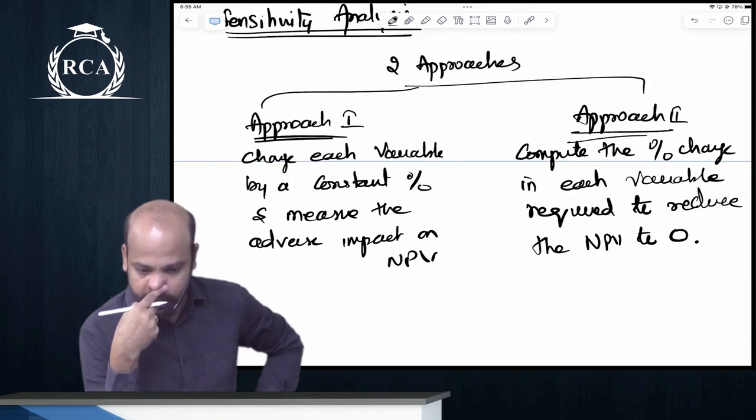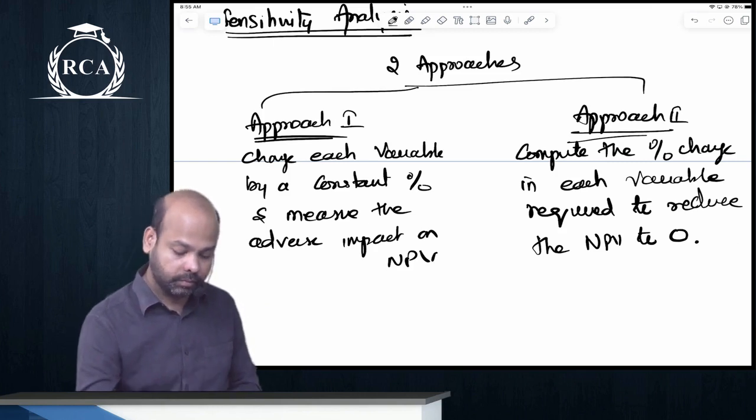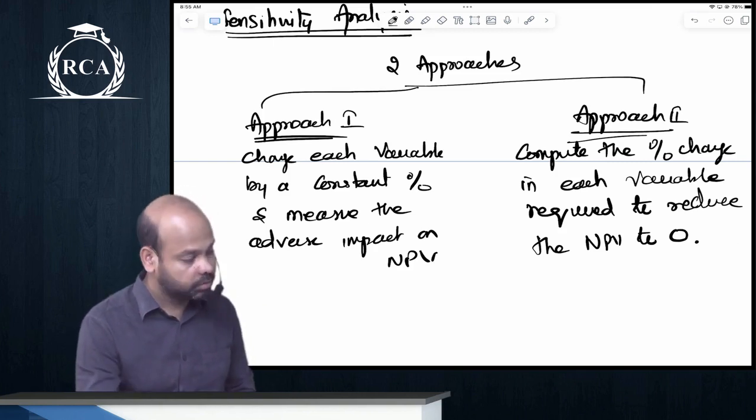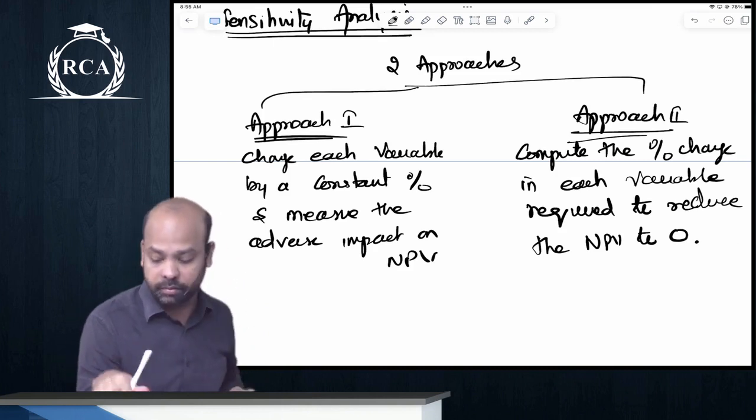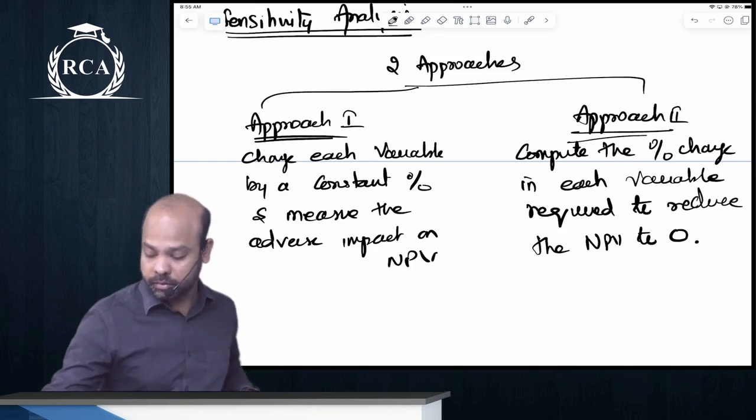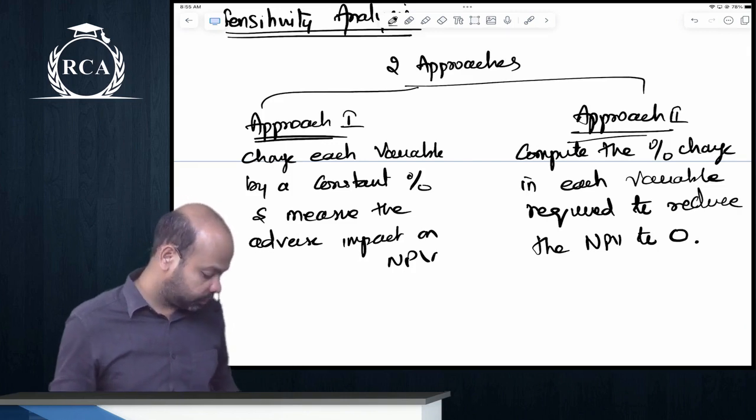What is the disadvantage of this analysis? Write on this, guys.